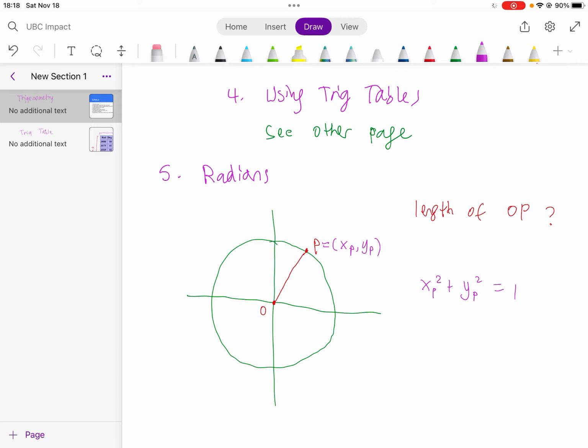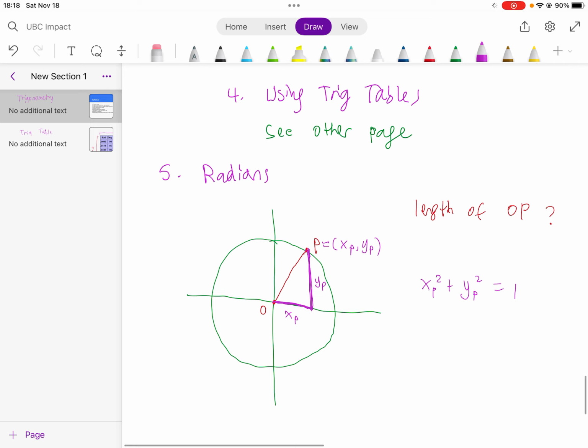So because of that, we can try to reason about this. If we draw a line here and here, like the triangle we always have, this bottom length is just equal to XP, right? Because it goes from 0 to XP. And similarly, the vertical line here has a length YP because it goes from 0 to the point YP.